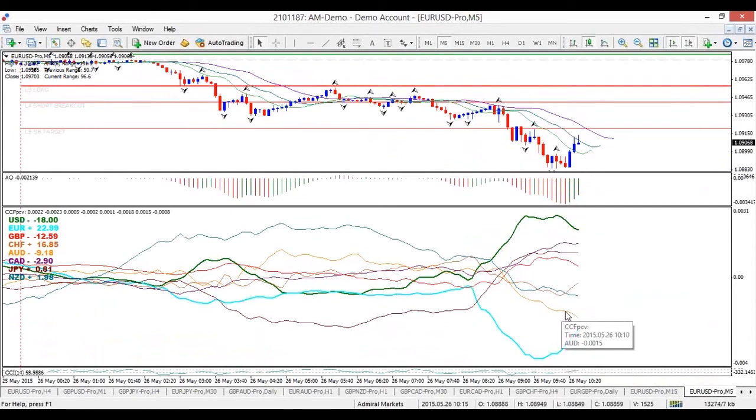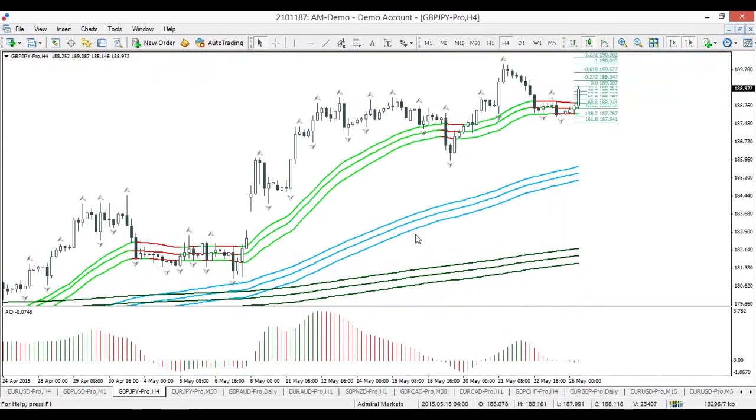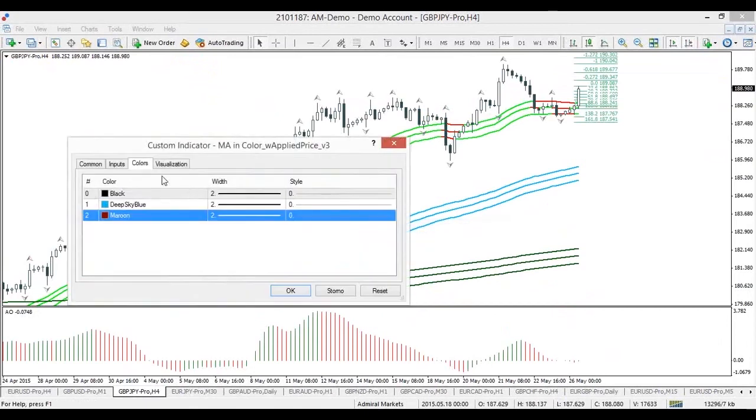So perhaps time to take a look at the Aussie and its weakness, maybe against something like the Swiss franc, for instance, which is rising here. We can see the dollar perhaps. So let's take a bit of a look at the Aussie. If you want to change the moving averages, by the way, you just right click on the moving average, click on properties, and then you can go to colors here and change it. All right.